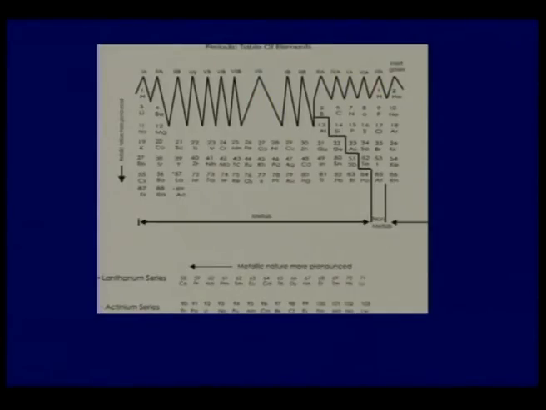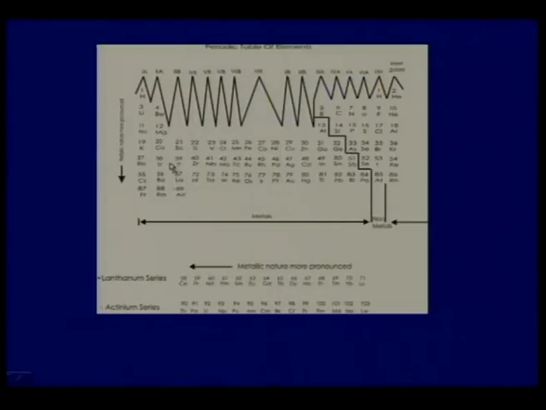In the periodic table, what we see is that the metallic nature increases as we move from right to left and as we move from top to bottom. The metals in this area are much more metallic than the metals in this area.